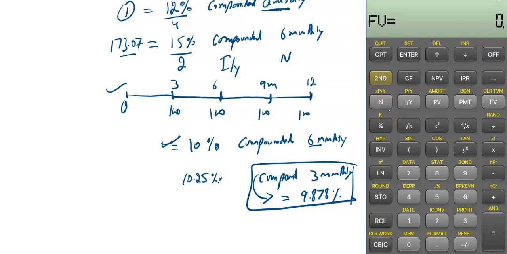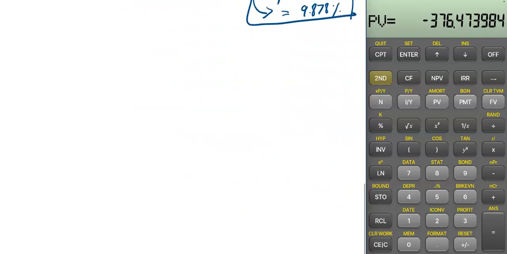N will be 1, 2, 3, 4. This is 9.878 annual percent compounded quarterly, so divide 9.878 by 4. That will be IY. Now compute the PV. This will be 376.47.